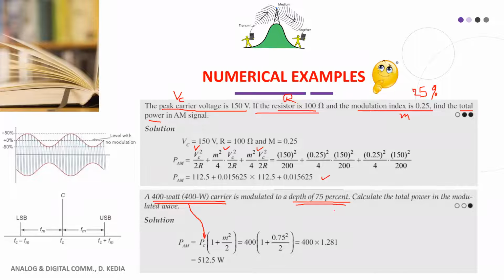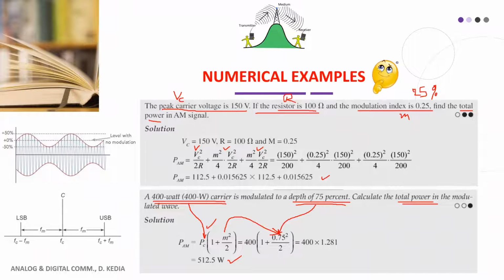It means the value of modulation index is 0.75, as I told you in the upper slide. Okay, and now we need to calculate total power, and we know the formula of total power. It is equal to PC into 1 plus m square by 2. PC we already know. The value of m has been given as 0.75. You substitute all the values, you get the total power in the AM.